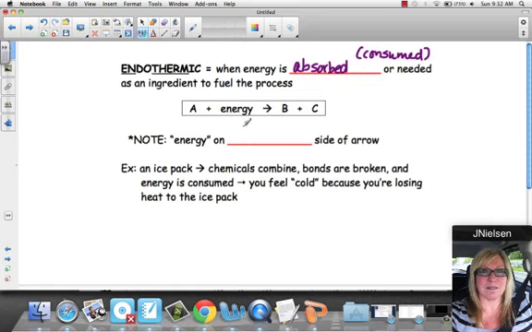Notice now that energy is on the left side of the arrow. This is also when I take one thing and I break it into two things, also known as a decomposition reaction.